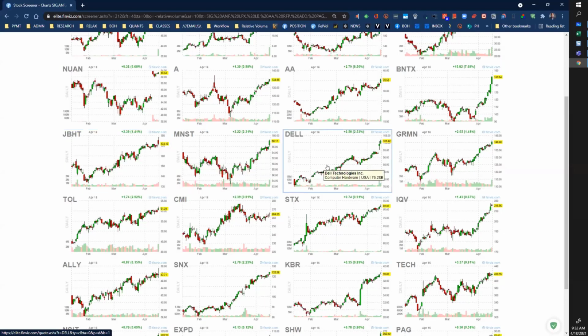Between JBHT and Dell had a better accumulation area or base structure before it broke out. Same thing with etong si Garmin. Comparing JBHT and this one has a better looking chart.